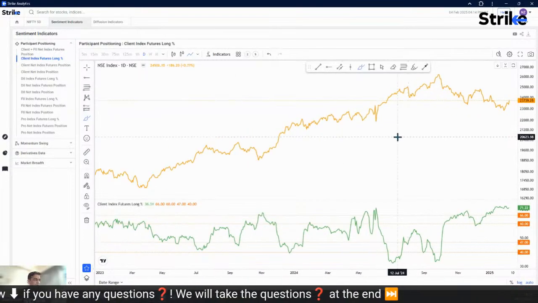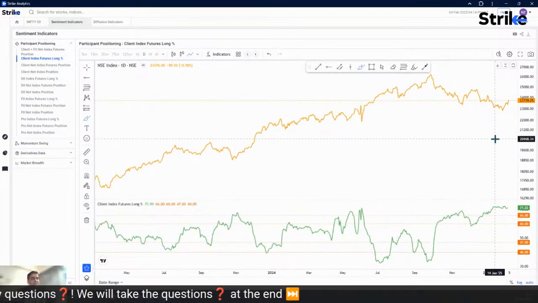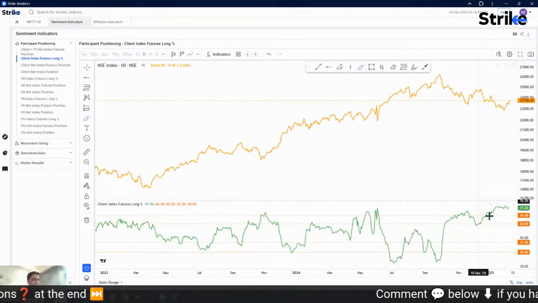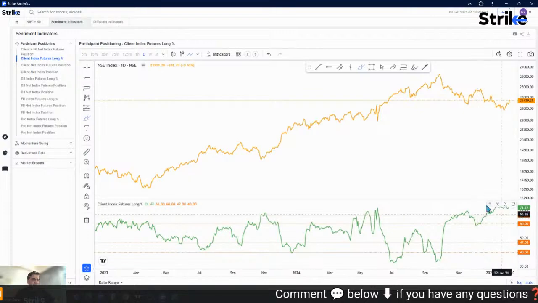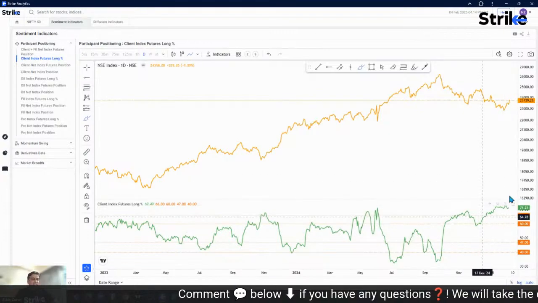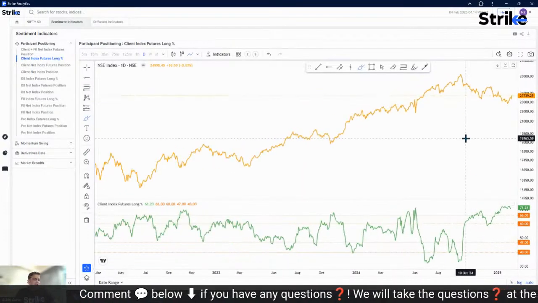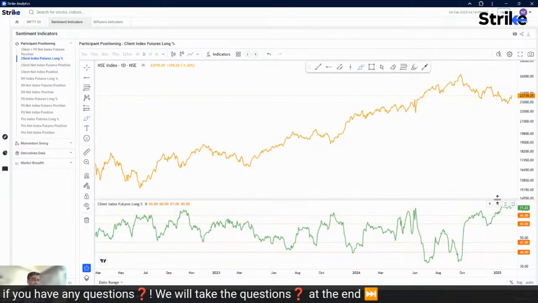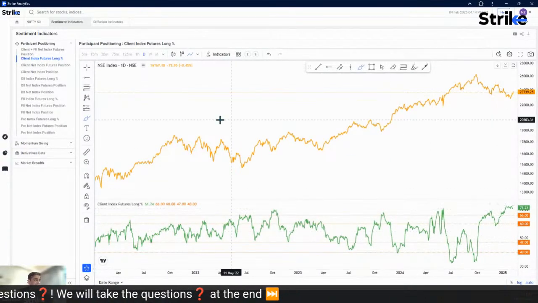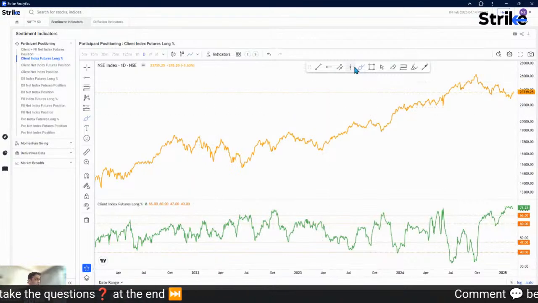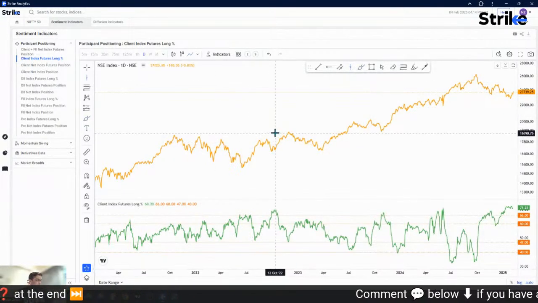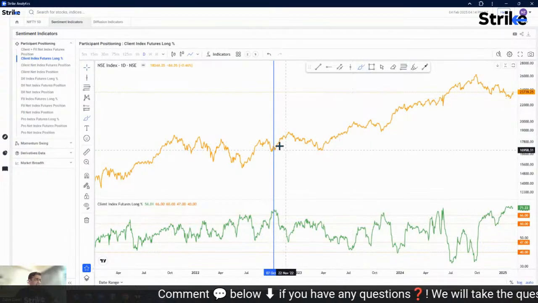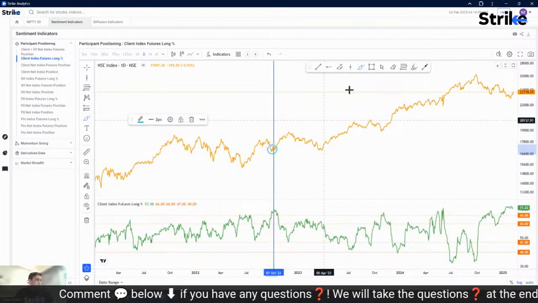What is happening is that this indicator at a higher level, 71%, says that most of the retail clients are long in futures, and that 70% is an extreme reading. Whenever there is an extreme reading like this, we see that a bottom has formed.